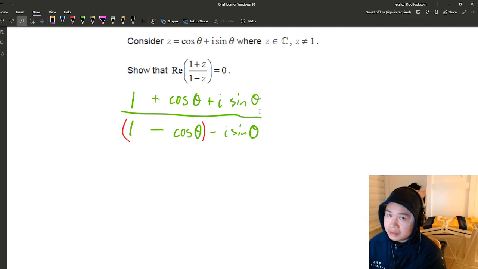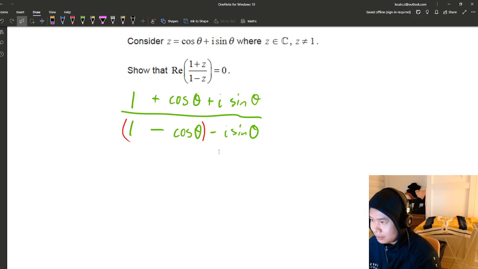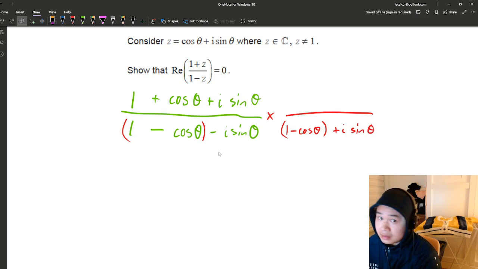Okay, substituting this in, here's the real part of the complex number in the denominator, so I should have multiplied by this conjugate instead: 1 minus cosine plus I sine.